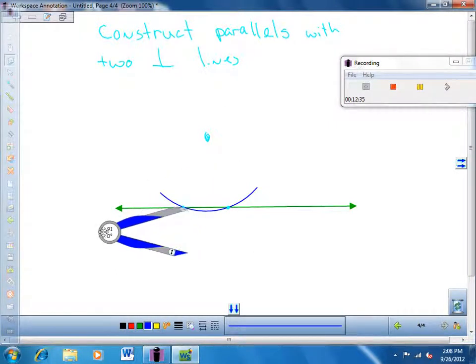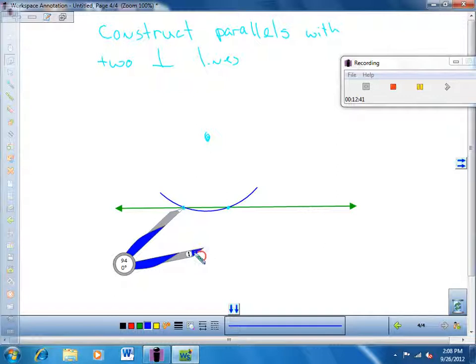I'm going to put it on this point and swing an arc somewhere out here. Doesn't matter how big it is, as long as it reaches out here somewhere so that you're able to cross it. So here's one arc, and I'm going to pick up my compass.